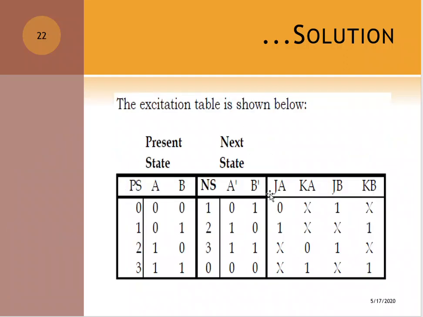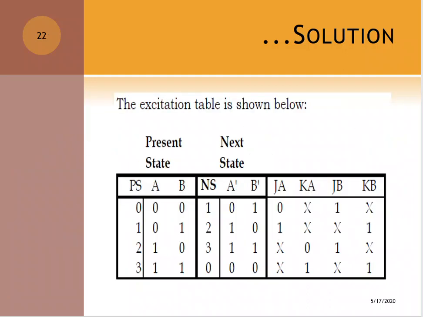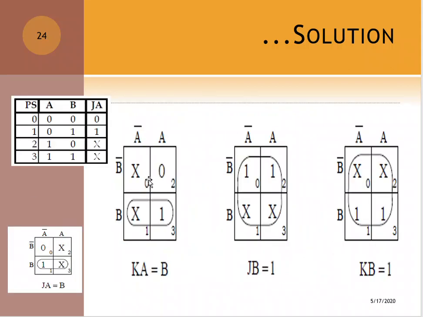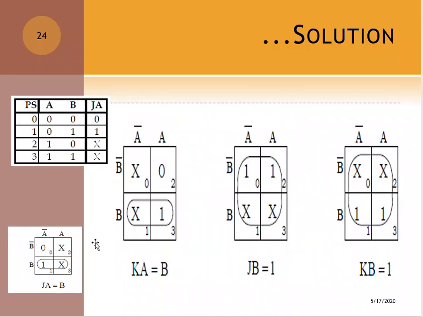For KA, we have A bar B bar x, A bar B x, and then next one is AB, which is 1. So we draw the loop. So KA equals B.